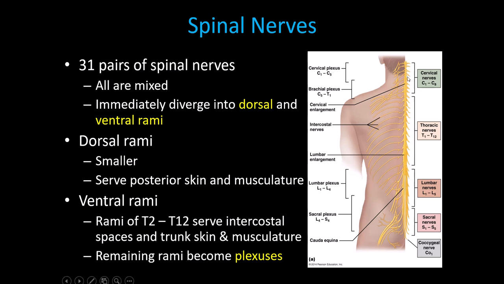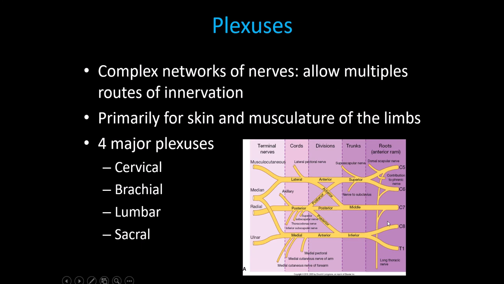And then we get these really complicated nerve plexuses everywhere else. And this is sort of what one of these plexuses looks like, and you can see it's really complicated looking, but the whole purpose of the nerve plexus is to allow multiple routes of innervation.